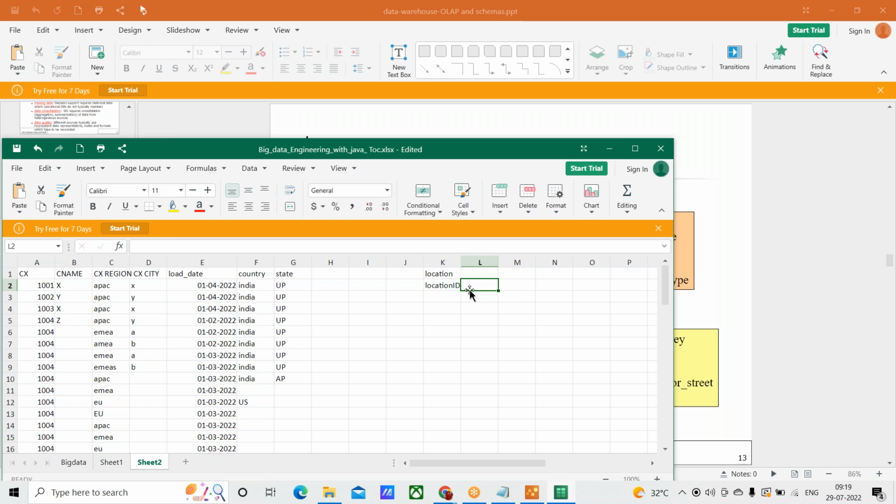Generally, location ID means the pin code. Again you can have street, city, something like state and region.